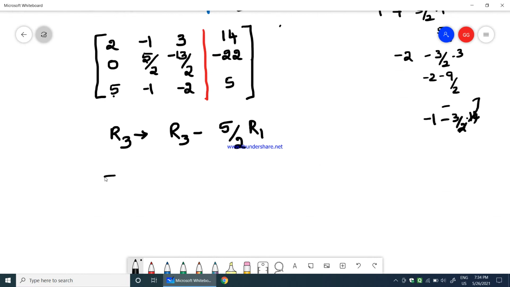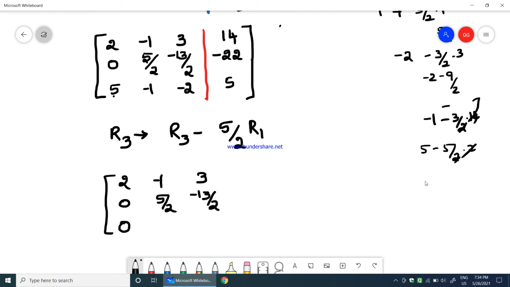I get 2, minus 1, 3, then 0, 5 by 2, minus 13 by 2. Here 5 minus 5 by 2 into 2, the 2 cancels, so this becomes 0. Then minus 1 minus of minus 1, plus 5 by 2 into 1: 2 ones are 2, 5 minus 2 is 3 by 2.